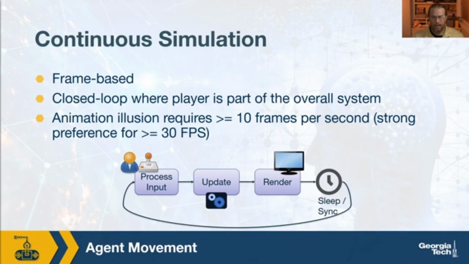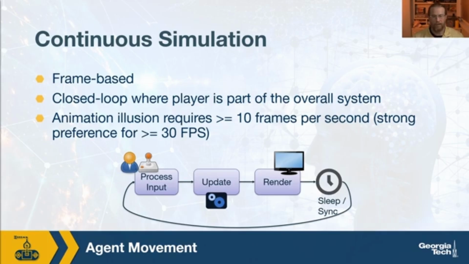So in either case, whether we have discrete or continuous movement, you're going to have some sort of simulation loop that's running, and at a high level, it'll look something like what I have here on this slide.